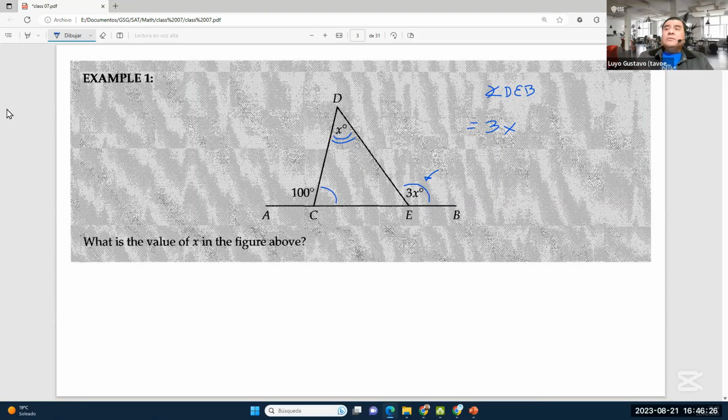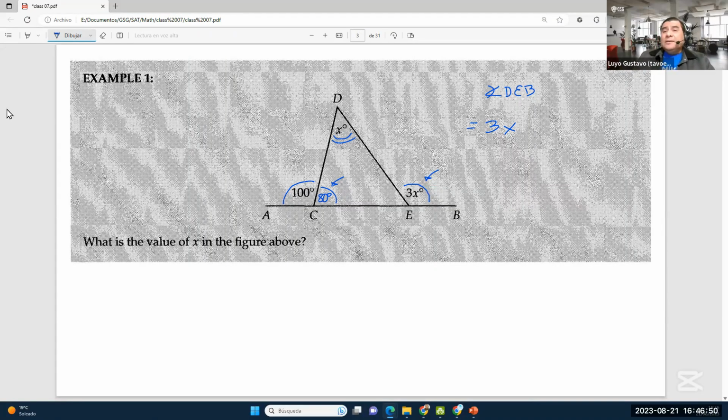So here, what would be this angle here? Well, that's easy, right? Because we can see that if this exterior angle is 100, obviously this has to be 80 because the sum of the two form a flat angle of 180 degrees. So now we can formulate an equation.